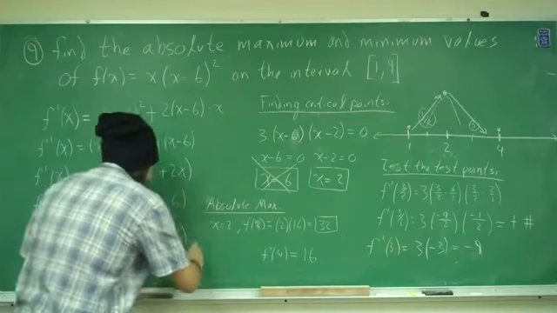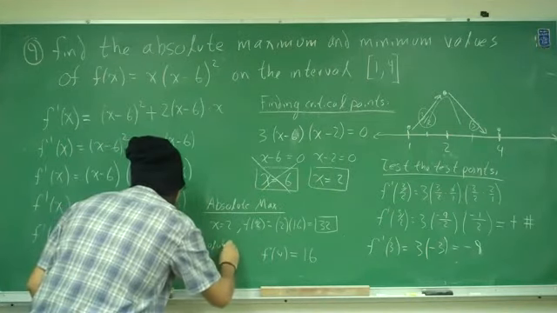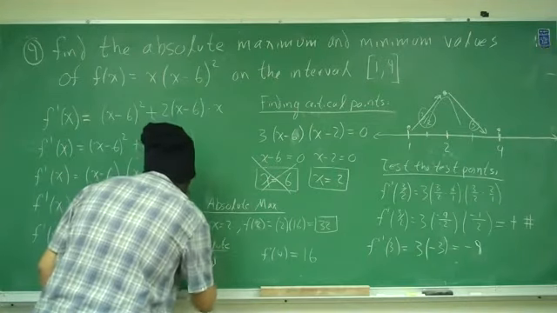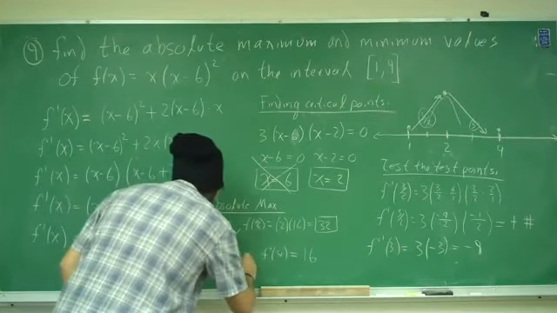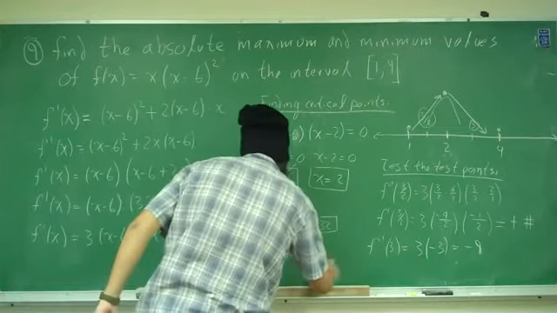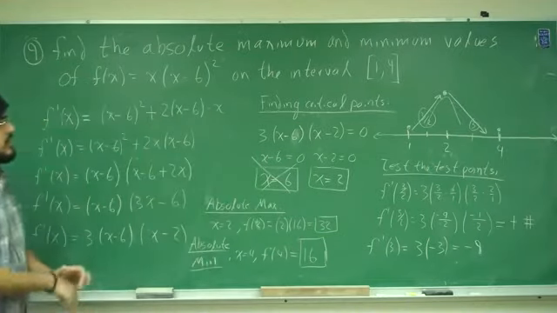So therefore, the absolute min is at x equals 4, and f of 4 is 16. There we go. So that's how you do that.